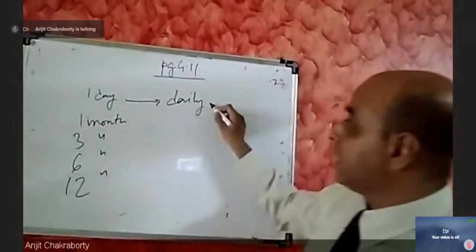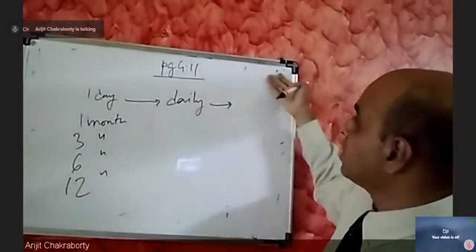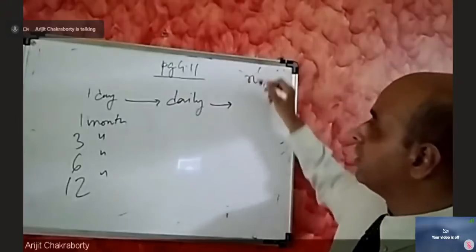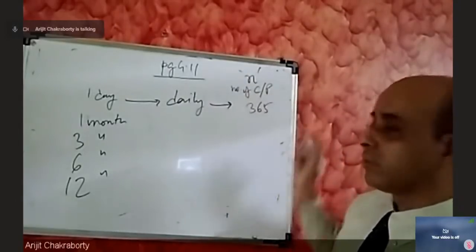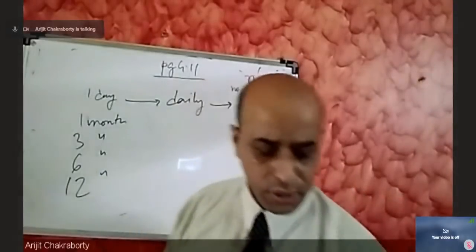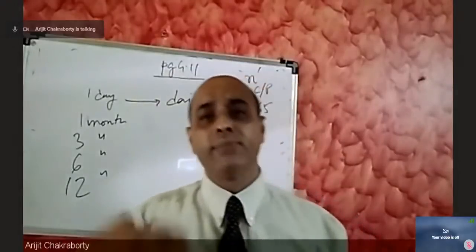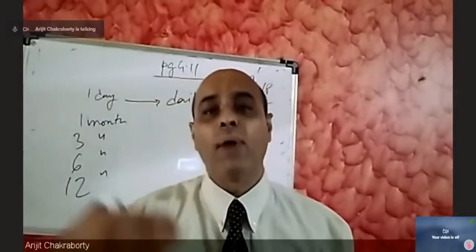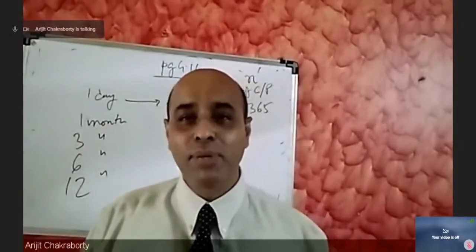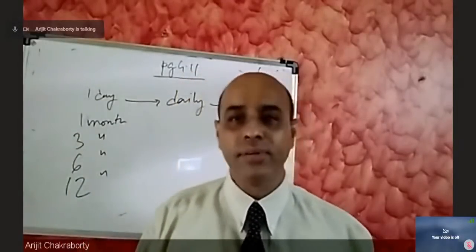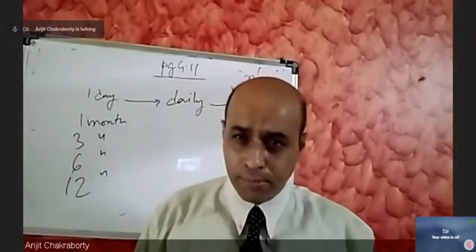Since there are 365 days in a year, the number of conversion periods, that is N, is 365. Of course, you don't get daily compounding anymore, because if banks gave interest at the end of 1 day and added it to your principal, the banks would go out of business. They would have to pay a huge amount of interest. But for the sake of numericals, we need to know what daily compounding is.